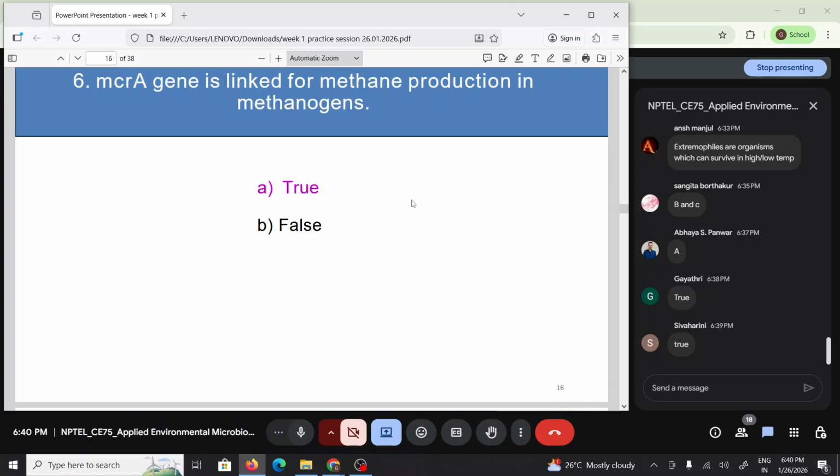It is present in the archaea, and the mcrA gene codes for the alpha subunit of that enzyme, and therefore it is a very critical functional marker when characterizing methanogens or studying methanogens and methane production.